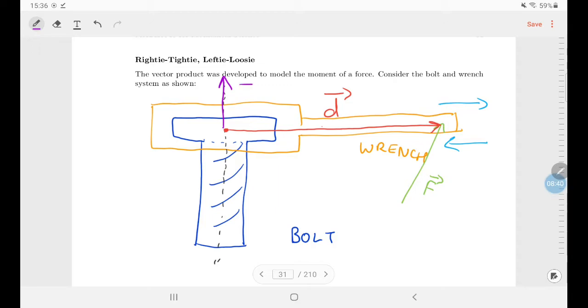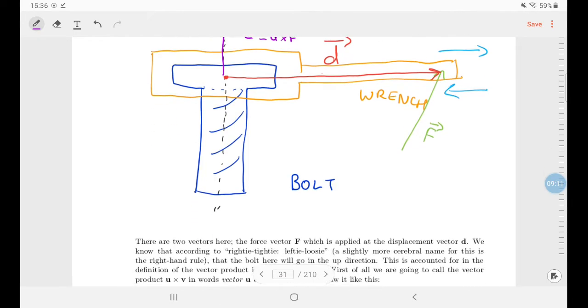I'm going to use this Greek letter tau, and that is going to be equal to the displacement crossed with the force. All I'm doing here is describing the direction of the vector product. It obeys righty-tighty, lefty-loosey. It could also be called the right-hand rule, which might be hard for me to explain here. I might draw something on the next page.